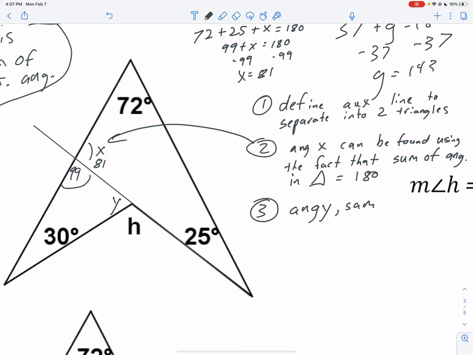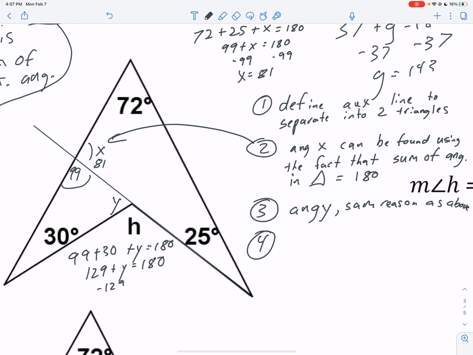Same reason as above. Y'all know what just happened. Y'all were watching the video, I hope, not skimming. So this is going to be 99 plus 30 plus Y equals 180. 129 plus y equals 180.